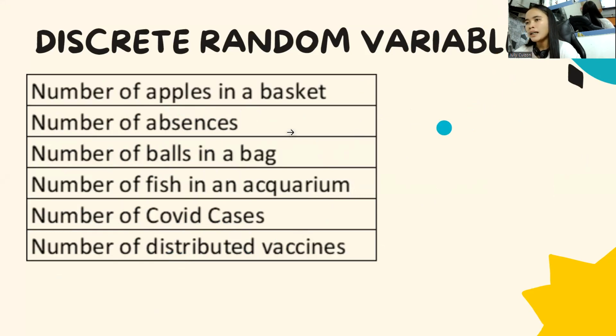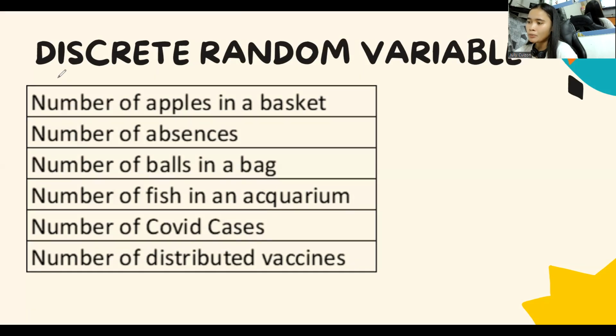Why are these discrete random variables? They are discrete because what is asked is a number. If we translate it into a symbol, this is x, a random variable x.